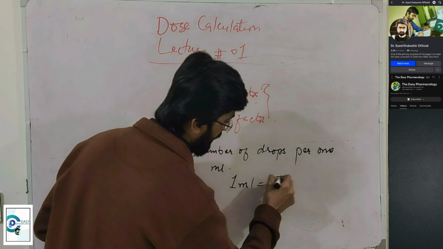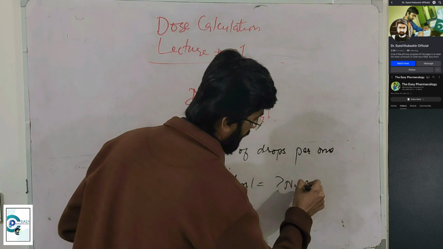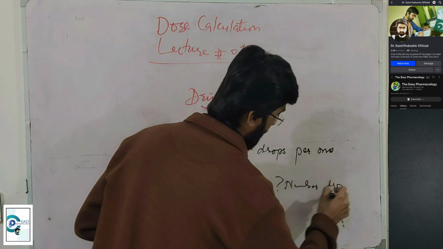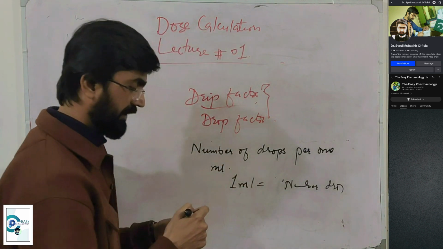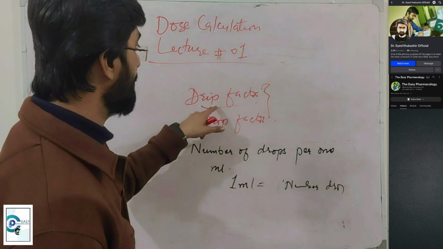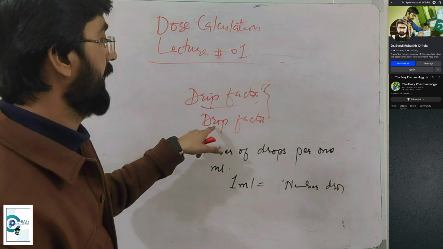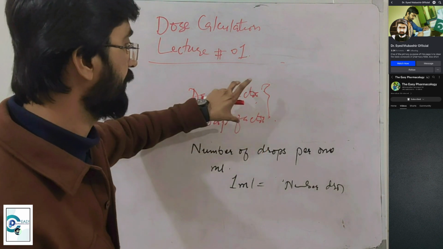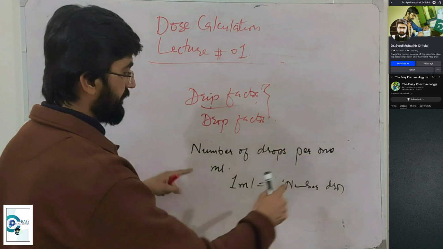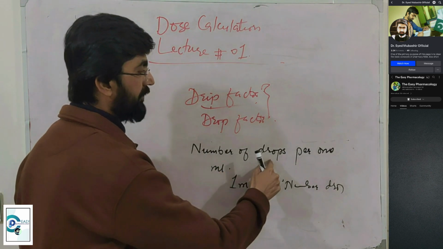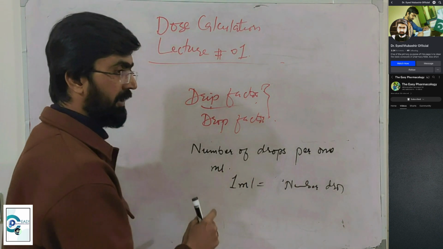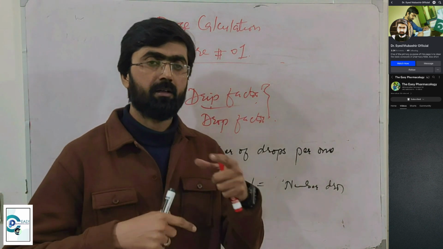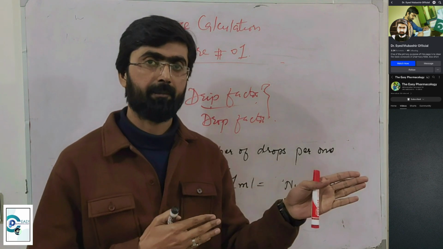In 1 ml, the number of drops. Okay? So this is known as drip factor or drop factor. These both terms are used for this statement. Number of drops per 1 ml means 1 ml is containing how many drops.